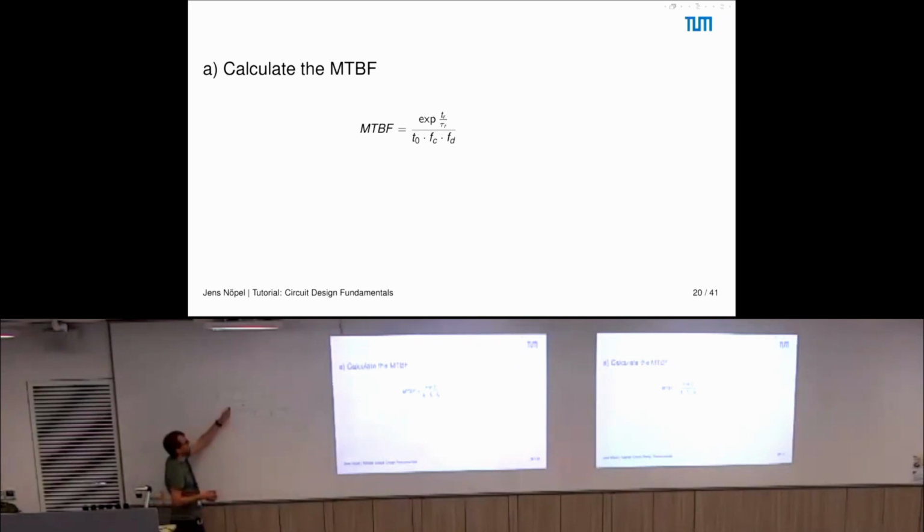So it could be either a 1 or a 0, then there might be a change and there might be a change. And now the question is, when can a metastable event then happen? This can only happen in a time window that is that small, right? So this is referred to as our T0.